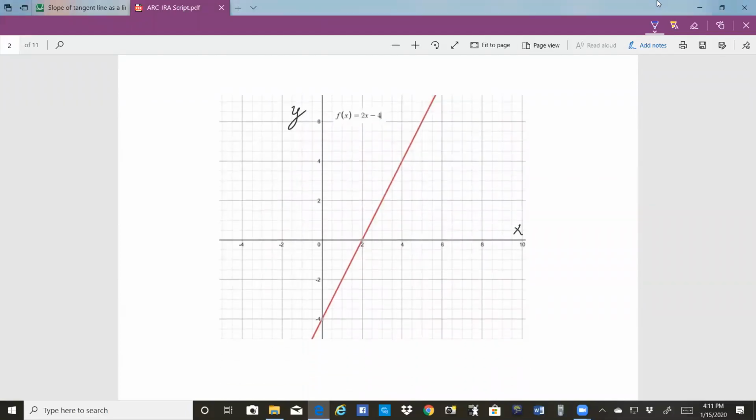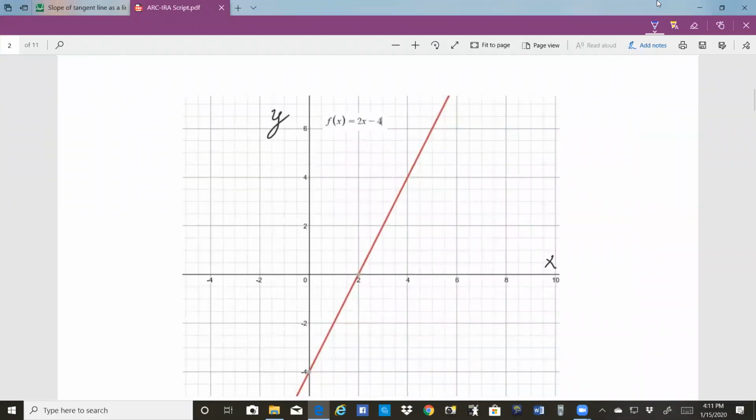Now, everybody already knows everything about a linear equation like f of x equals 2x minus 4. The slope is equal to 2. And anywhere along this line, the instantaneous rate of change is exactly the slope of the line. As you go up this line, say you were climbing this, the slope is always the same.